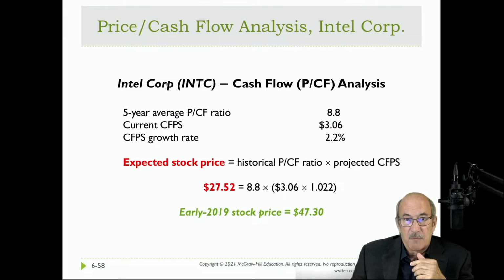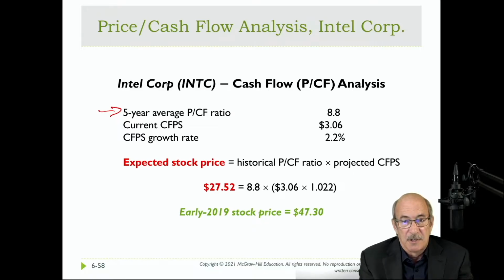Now let's look at price to cash flow. We're doing a similar thing, except we're using P over CF for the 5-year average, so the prior 5 years, and we have a price to cash flow ratio of 8.9. We calculate our cash flow per share that we just had this past year, and we calculate a growth of that cash flow per share.